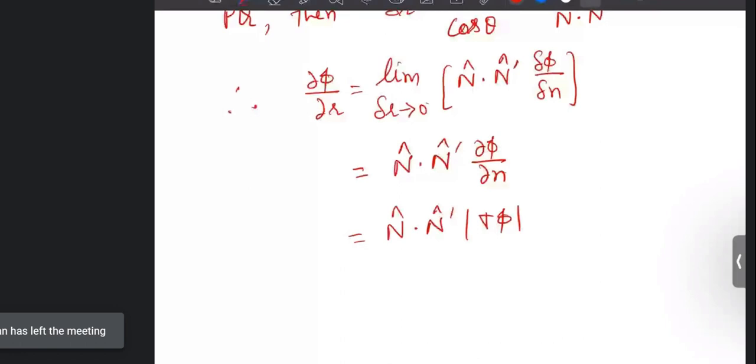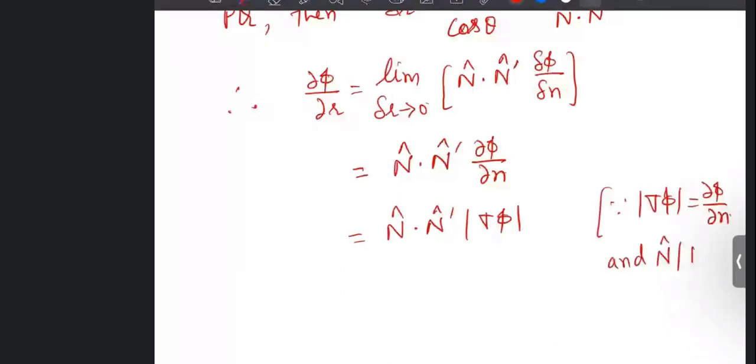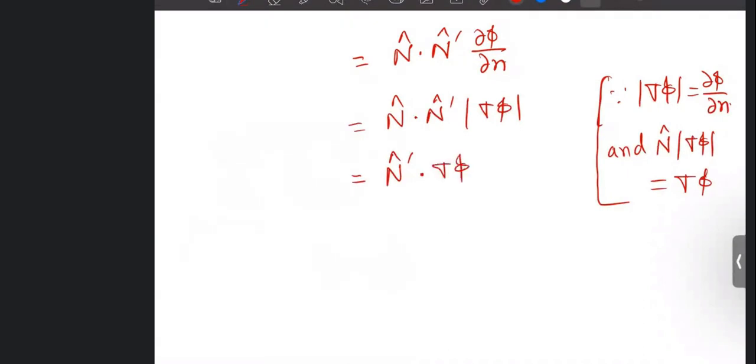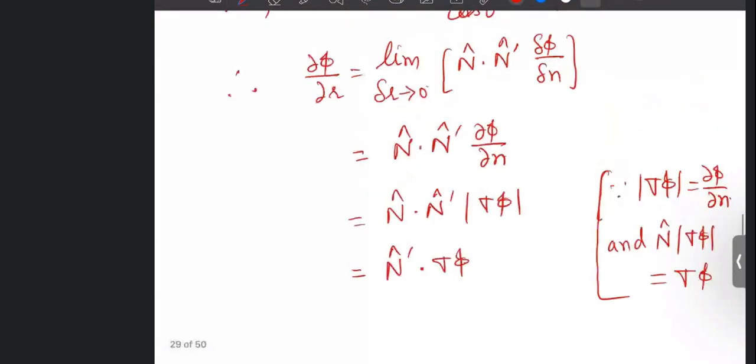Because n̂ is the unit vector in the direction of del φ, and this is the magnitude. A vector is equal to their magnitude into the unit vector in that direction. So this implies it is equal to n̂' dot with del of φ. Thus, this is the directional derivative.